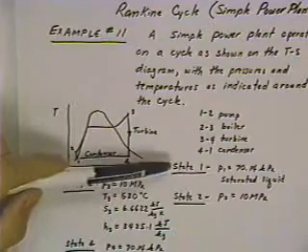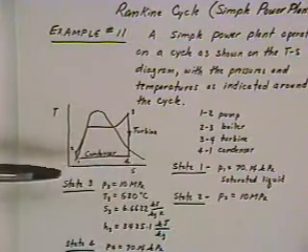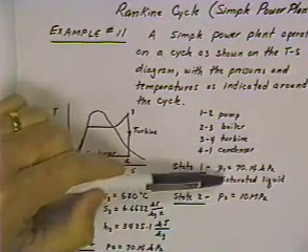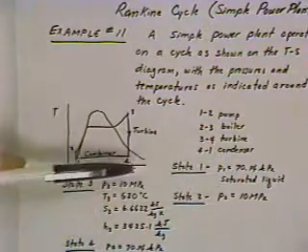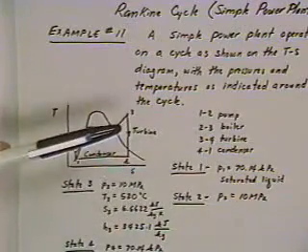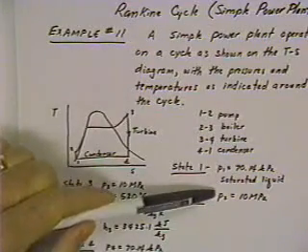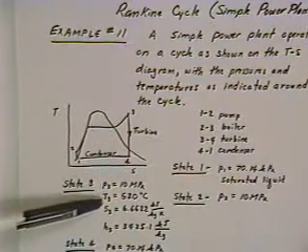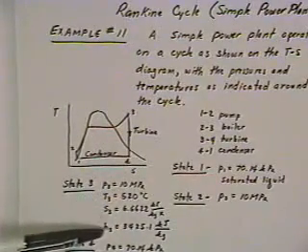These are the states that are given. State 1, which is the condition entering the pump, 70 kilopascal saturated liquid. State 2, we're given the pressure of 10 megapascals. State 3, we're given the pressure, temperature, entropy, and enthalpy conditions.